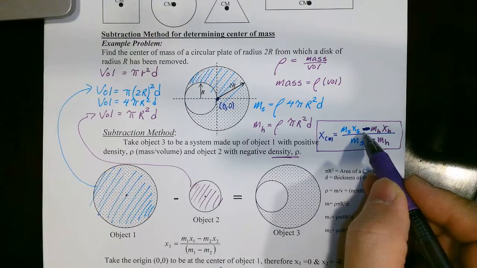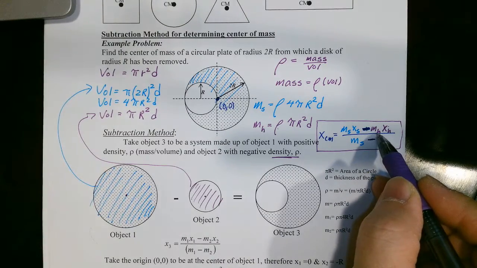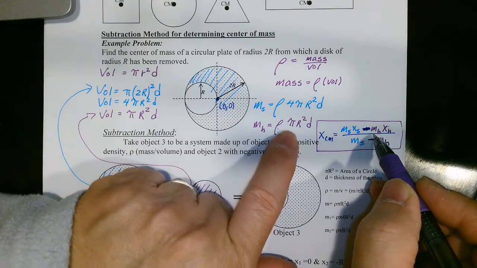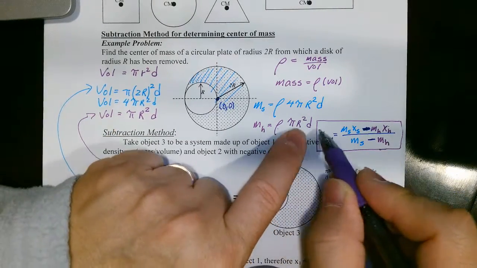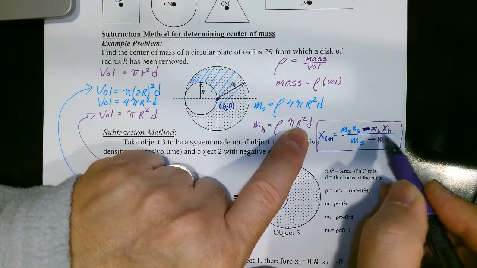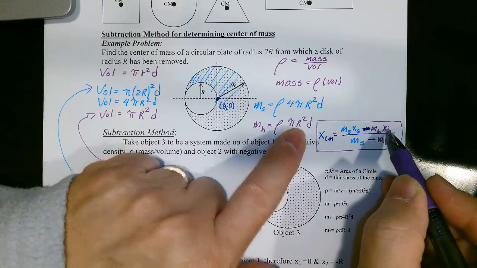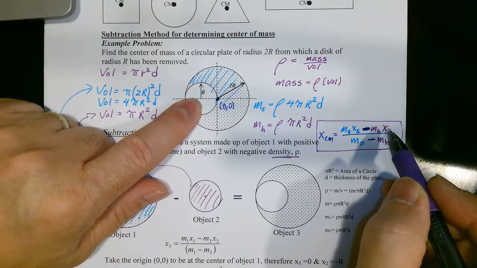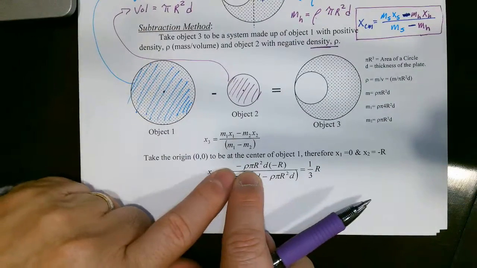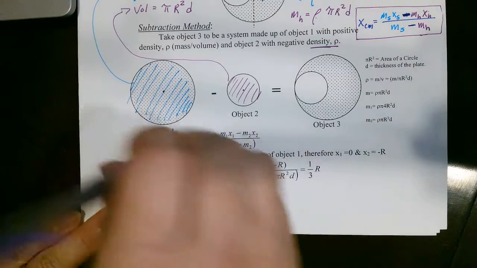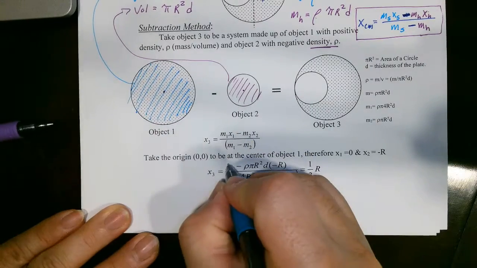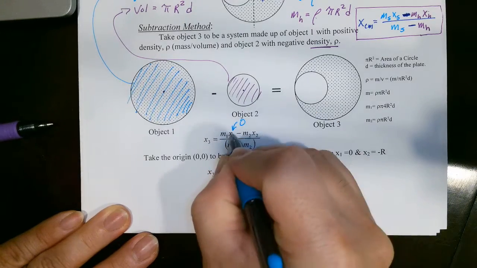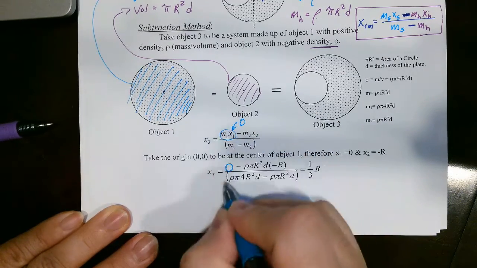Minus m whole, which is rho pi r squared d, times x whole, which is negative r. And that's what we got right here. So this is basically 0, so this whole term goes to 0.